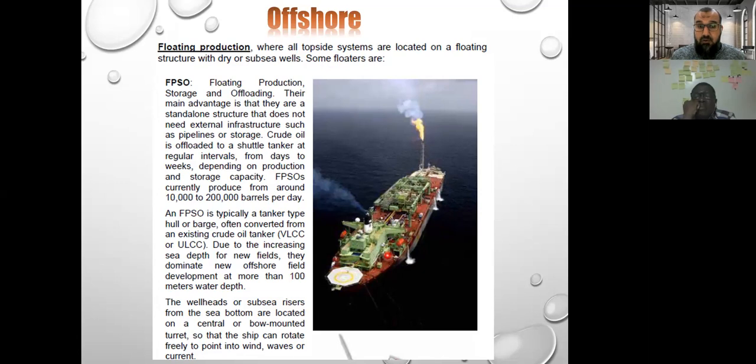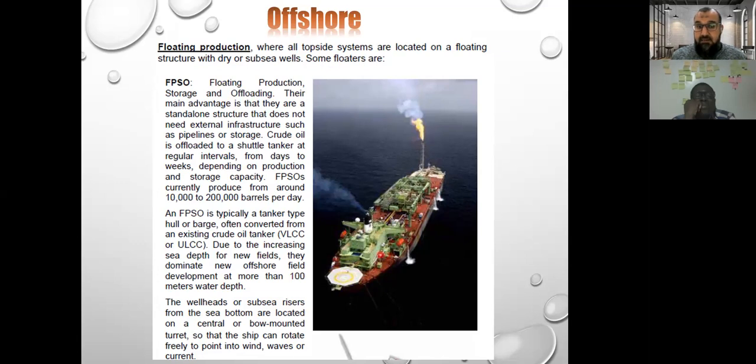These FPSOs currently produce around 10,000 to 200,000 barrels per day. Barrels is the unit of volume of the oil. So they can produce up to 200,000 barrels per day.